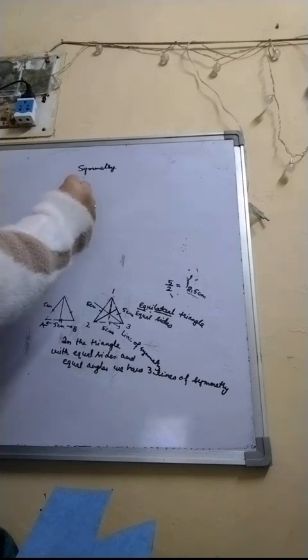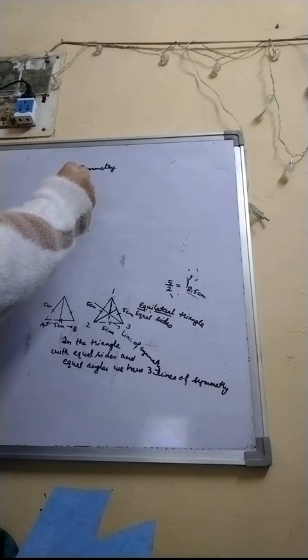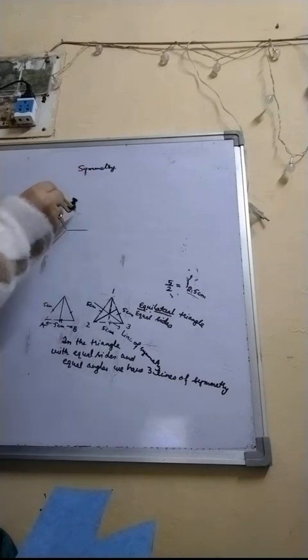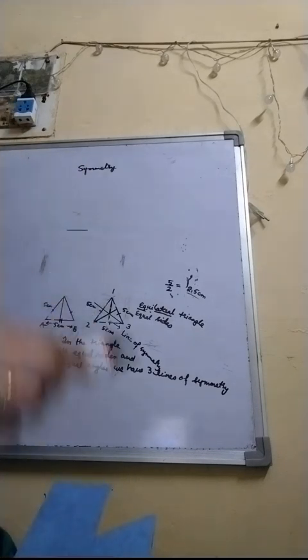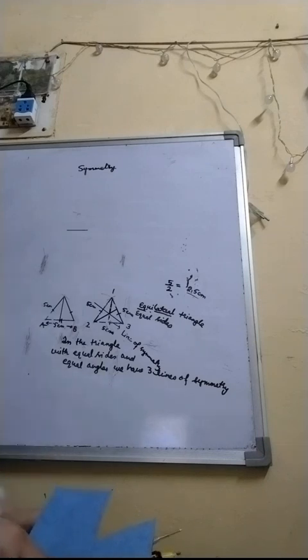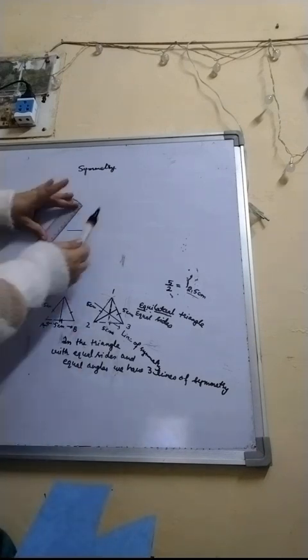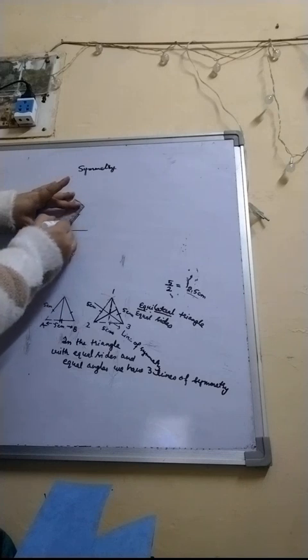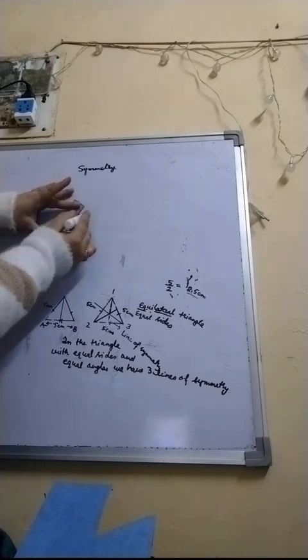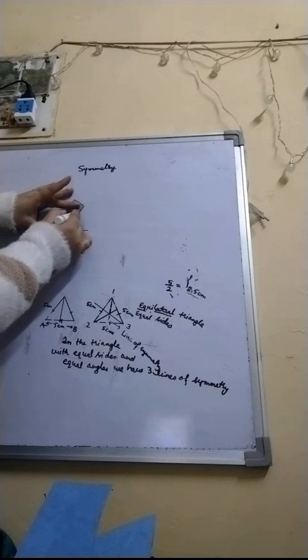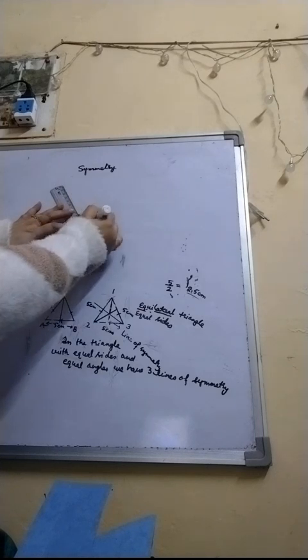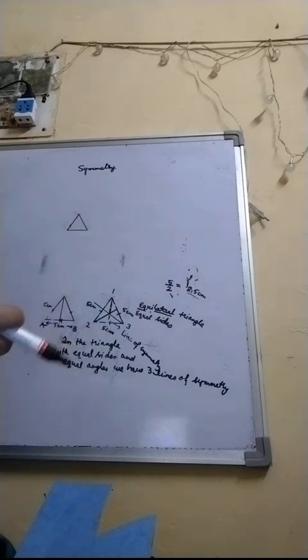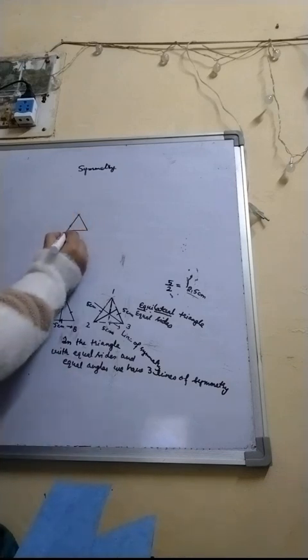So you get first triangle here. So this is my first triangle. Let's join it. Now you need the second. This is the first side of 4 centimeter of hexagon.